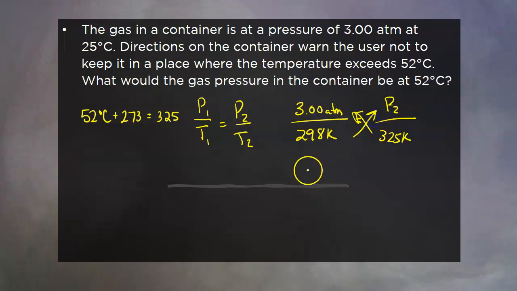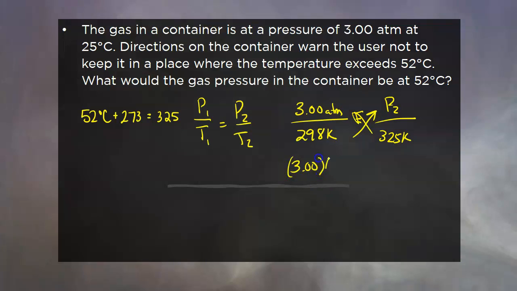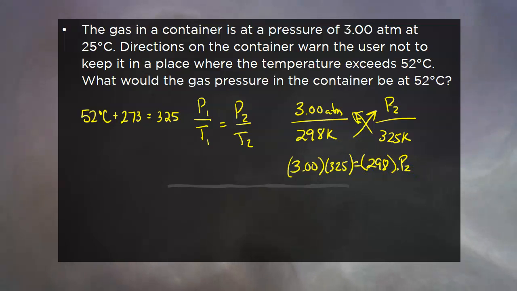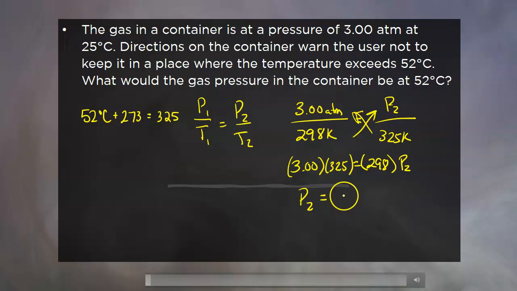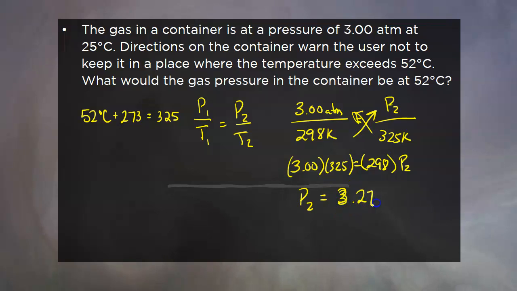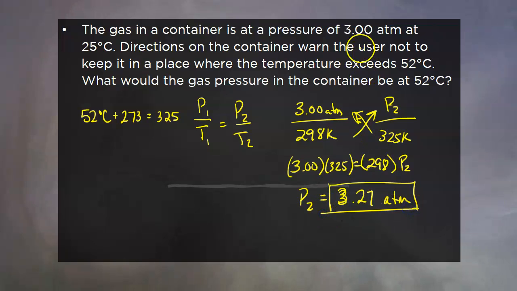Again, cross multiply. 3 times 325 equals 298 times P2. 3 times 325 divided by 298, I get 3.27 atmospheres, which is just slightly higher than 3.